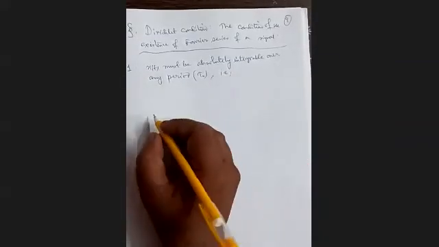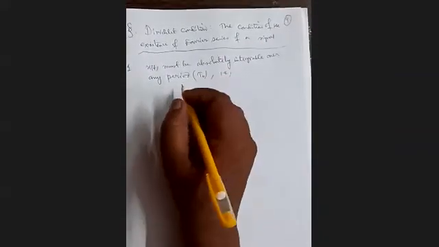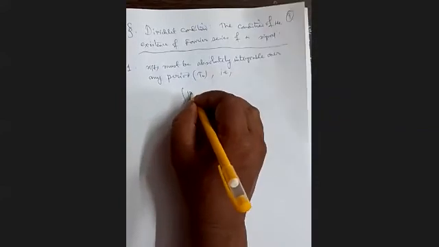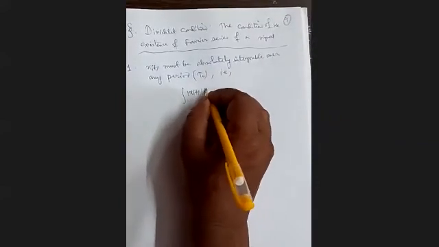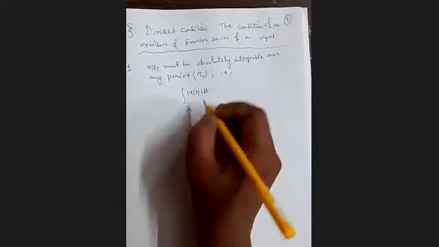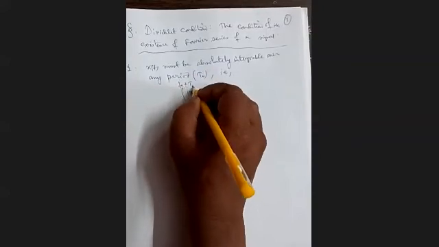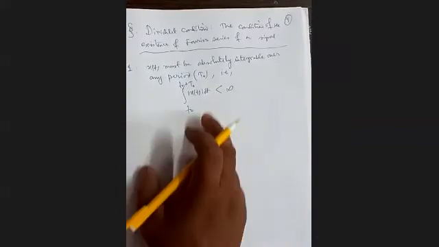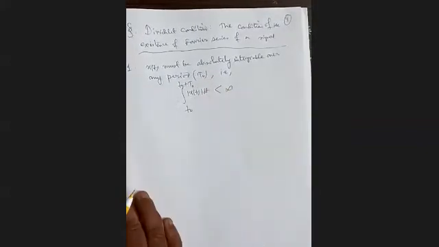That is, absolutely integrable means we take the absolute value of x(t) and then its integration will have a finite value. So the integral of mod x(t) dt from t0 to t0 plus capital T0 should be less than infinity. So it should be absolutely integrable.